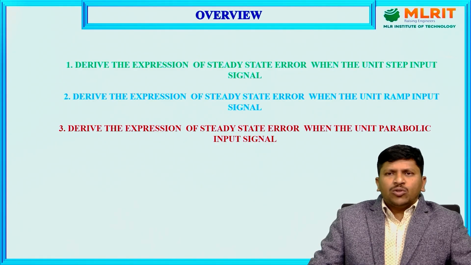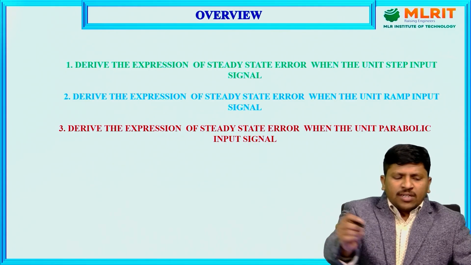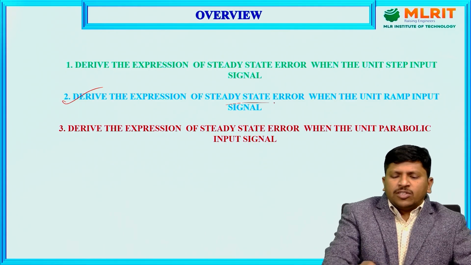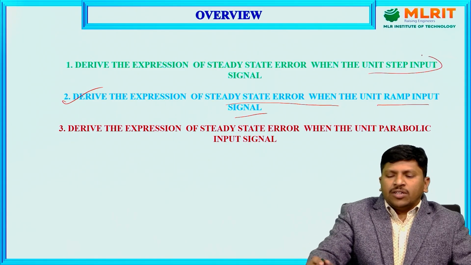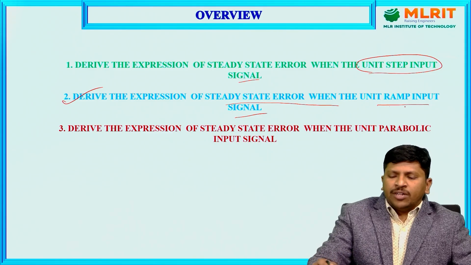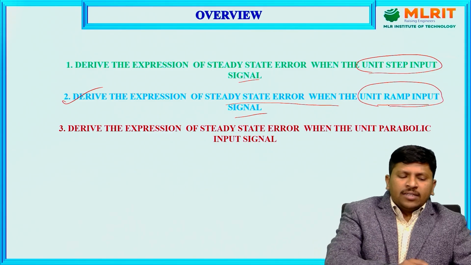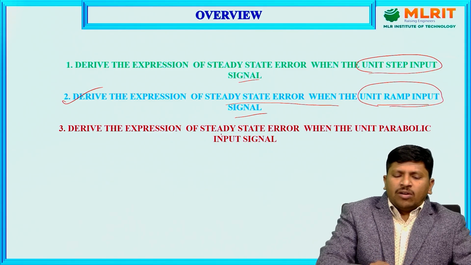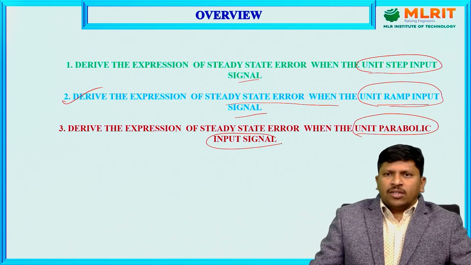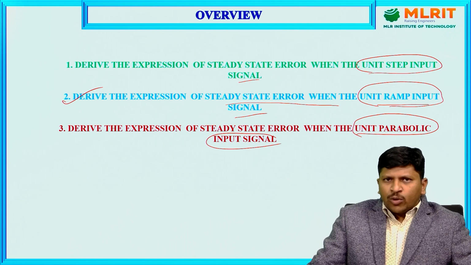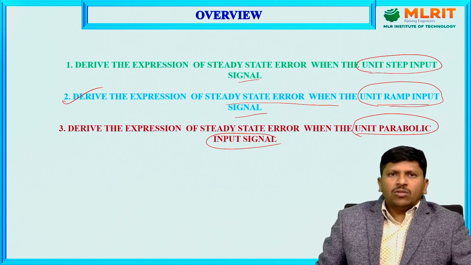If we apply a unit step as the input signal, based on that we derive the steady state error expression. Next, the expression of steady state error when the input is a unit ramp signal, and third, when the input is a unit parabolic signal. All these we are now going to derive. So let's move on to the first one.